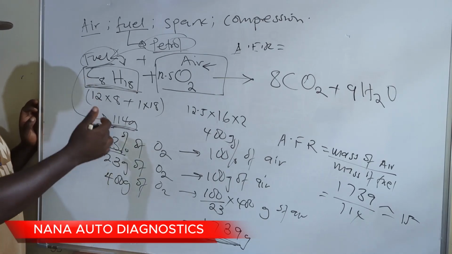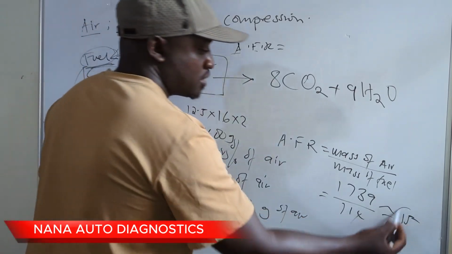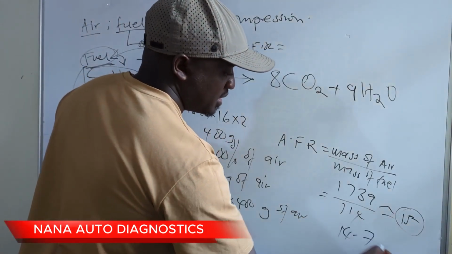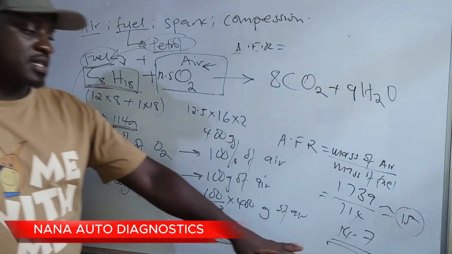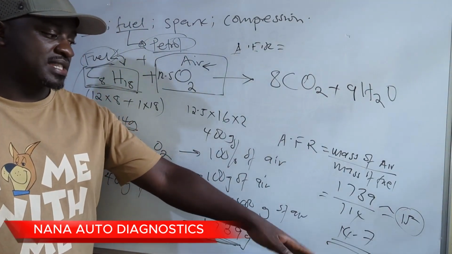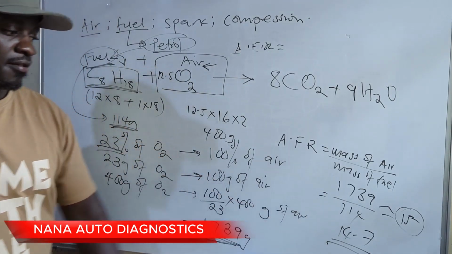When you add such assumptions, this ratio will drop to about 14.7, and that's what is usually used as the ideal value or the stoichiometric value.